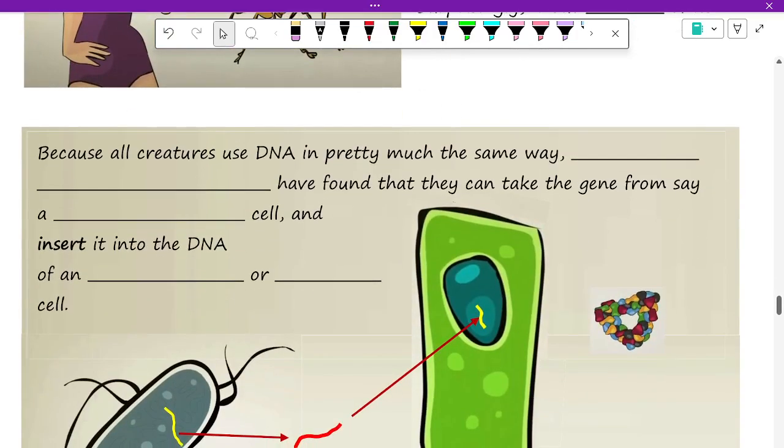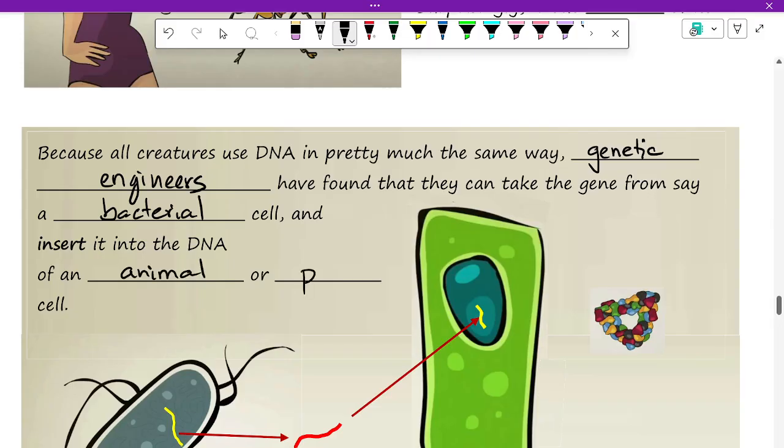Because all creatures use DNA in pretty much the same way, genetic engineers have found they can take a gene from, say, a bacterial cell and insert it into the DNA of an animal or plant cell.